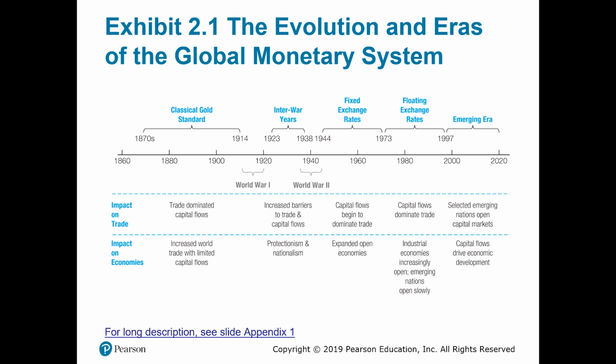Before we go to the next point, there is another important innovation which was introduced at Bretton Woods, the so-called special drawing right, or the SDR. The SDR is an international reserve asset which was created by the IMF to supplement existing foreign exchange reserves.